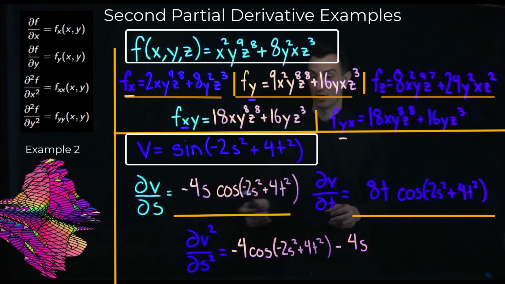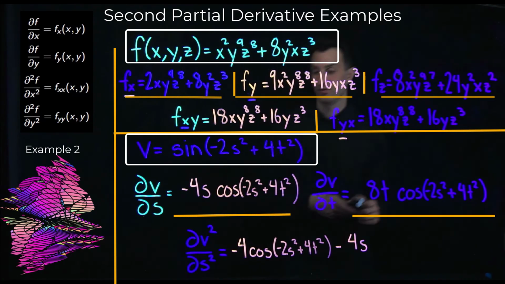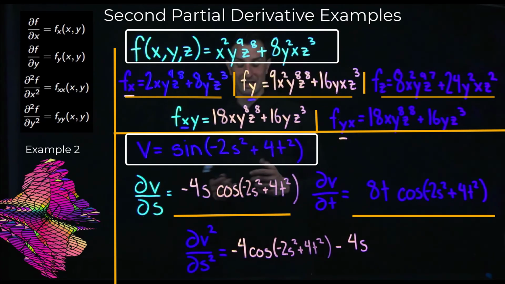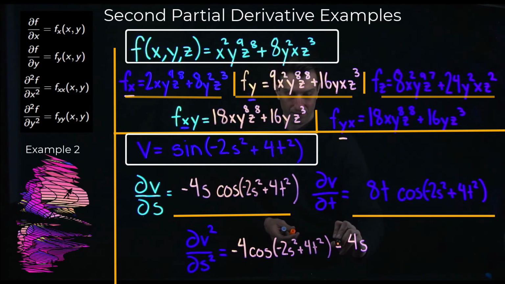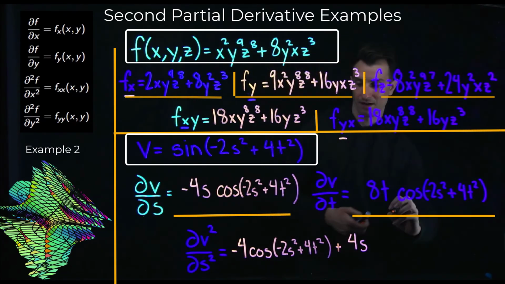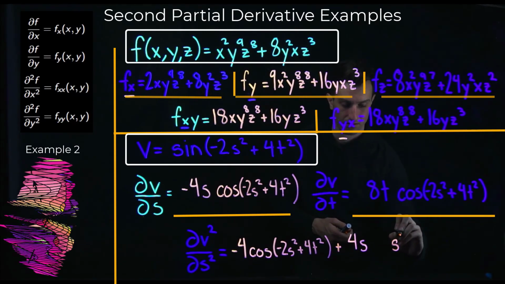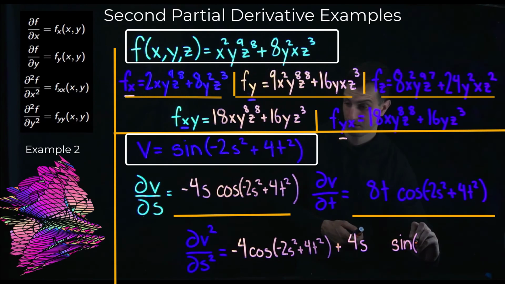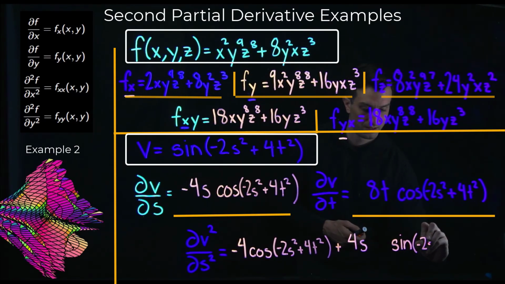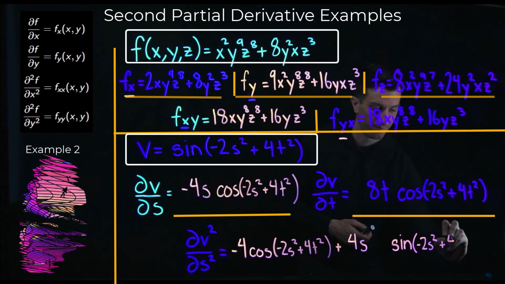Well, so cosine of this, right, the inside function, we have another chain rule. So derivative of cosine is going to be a negative sine, right? So this will switch over to a positive. So we have sine here. We leave the inside alone for right now, negative 2s squared plus 4t squared.